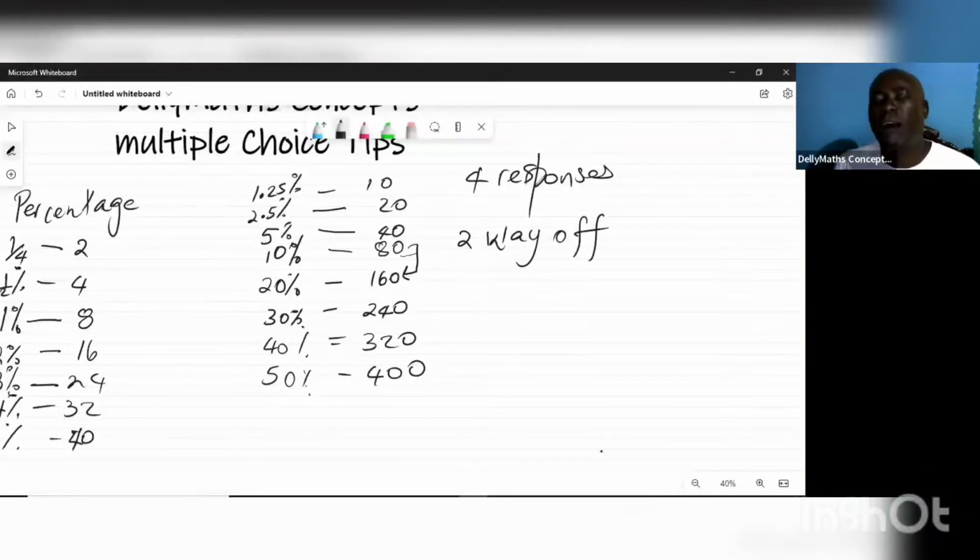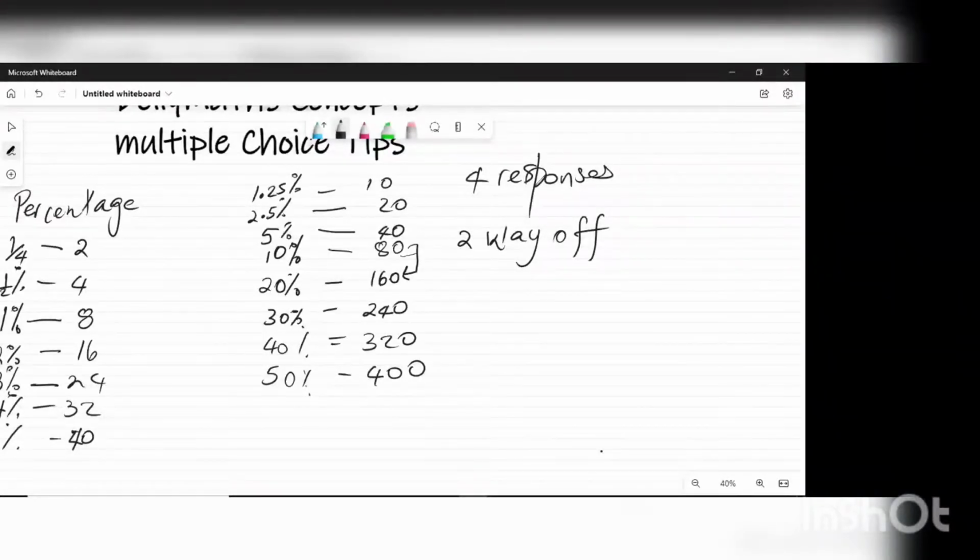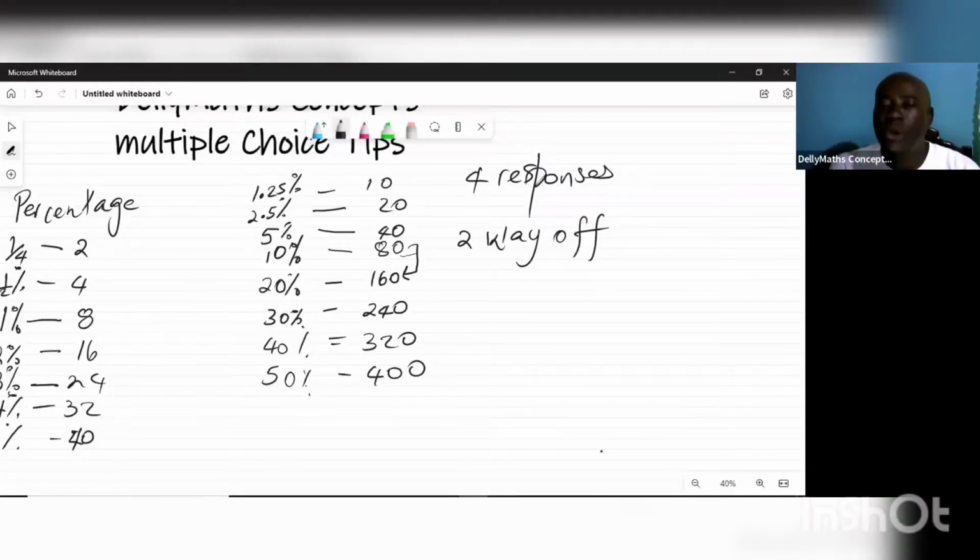And when we say way off, we're talking about, let us say that they say to you, okay, what's the capital of Jamaica? Everybody knows Kingston, capital of Jamaica, but you're going to see France and you're going to see Africa, because 2 answers will be way off.